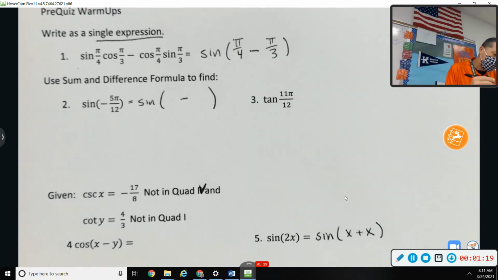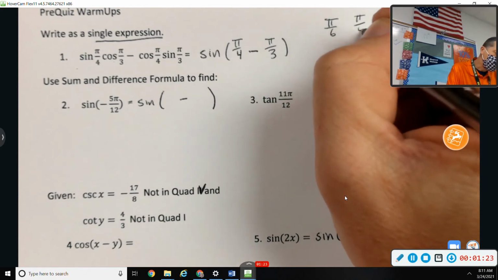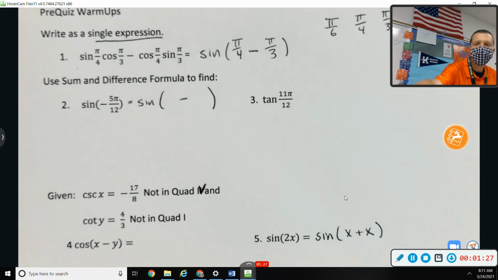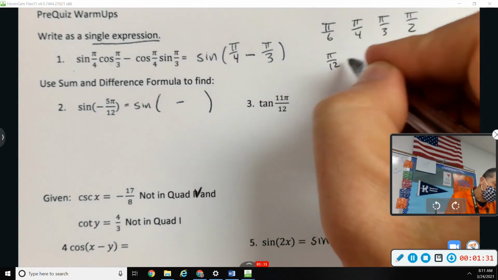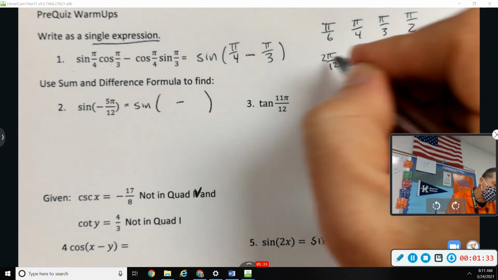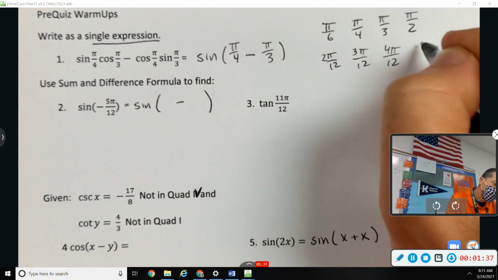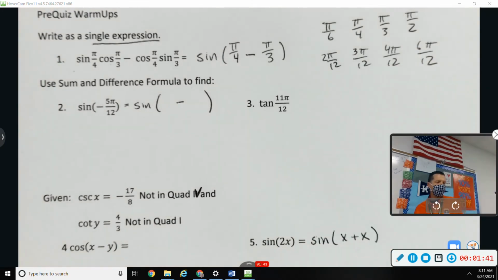I don't have them written down here, so those equivalents might be good to have handy, because otherwise it's hard to do common denominator on the fly, so sort of get all the common denominators from the get-go. All right, so I want negative 5.